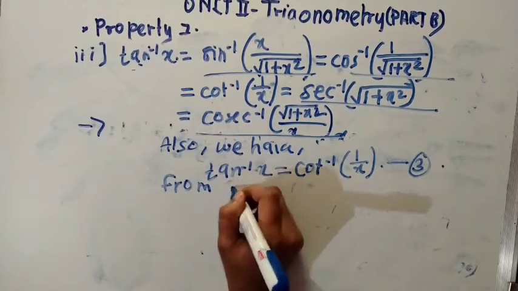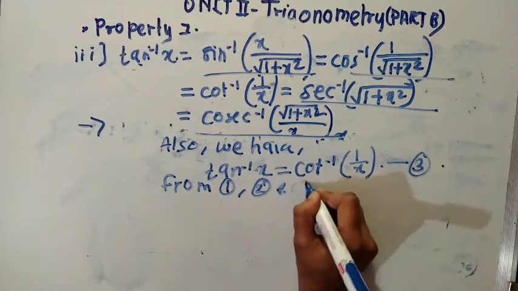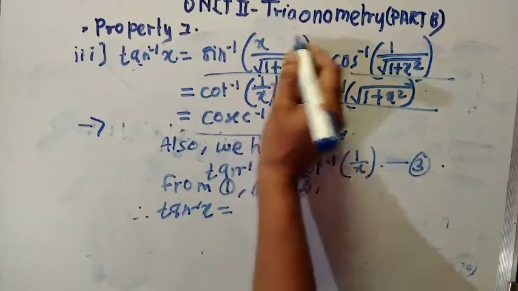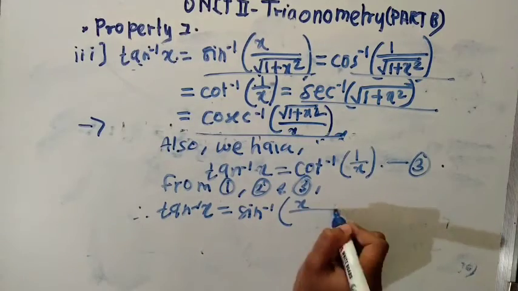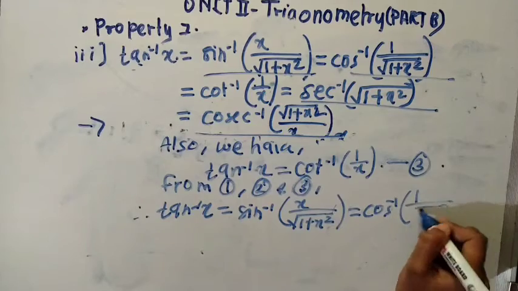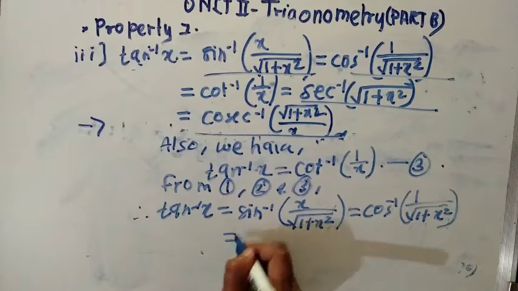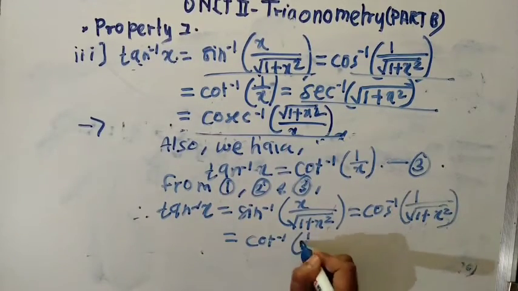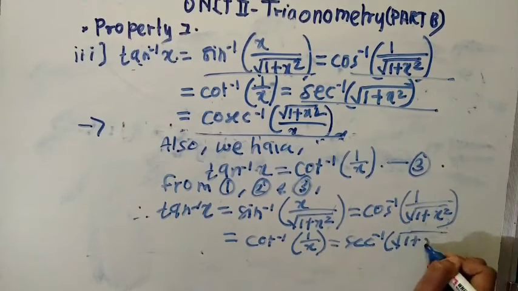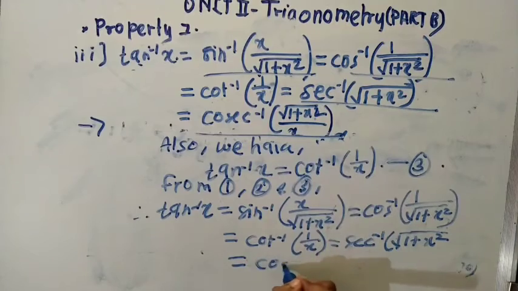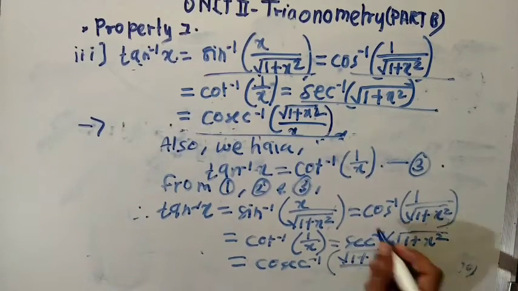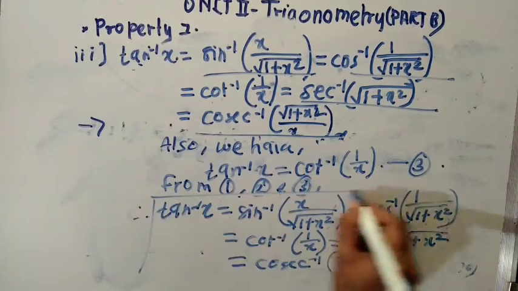And from 1, 2 and 3 we can prove that all these equations: tan inverse of x is equal to sin inverse of x upon root 1 plus x square is equal to cos inverse of 1 upon root 1 plus x square is equal to cot inverse of 1 upon x is equal to sec inverse of root 1 plus x square is equal to cosec inverse of root 1 plus x square upon x. Hence we prove all these properties.